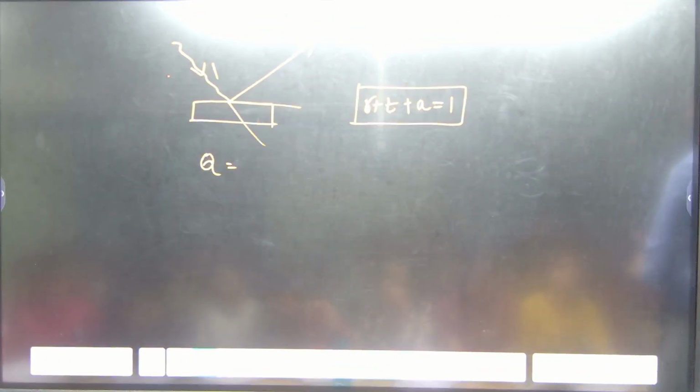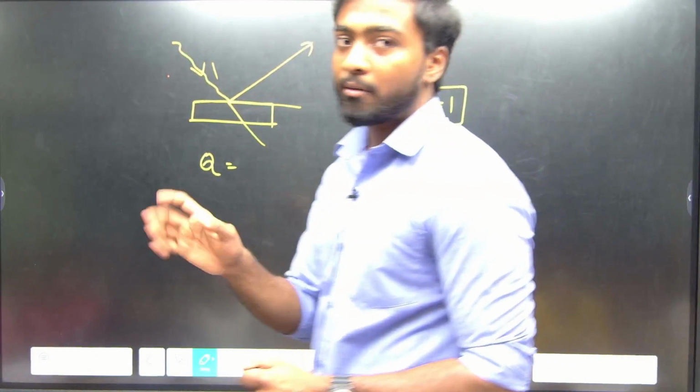So e will be equal to emissive power of any body divided by emissive power of black body.